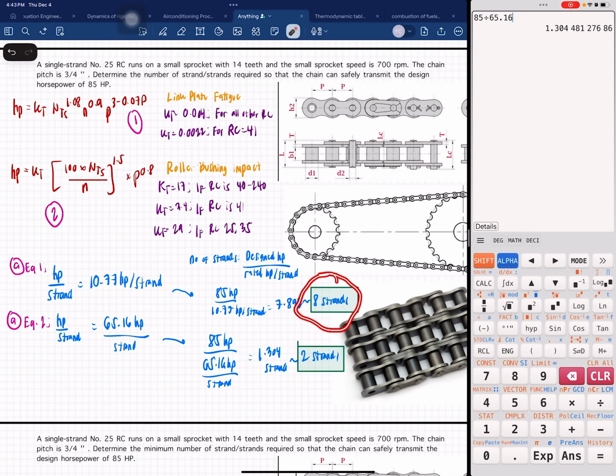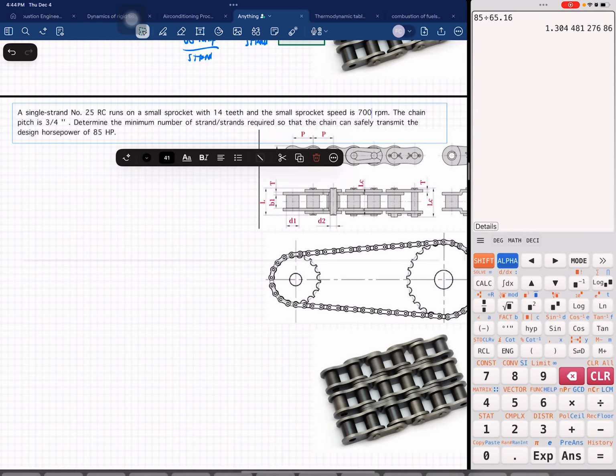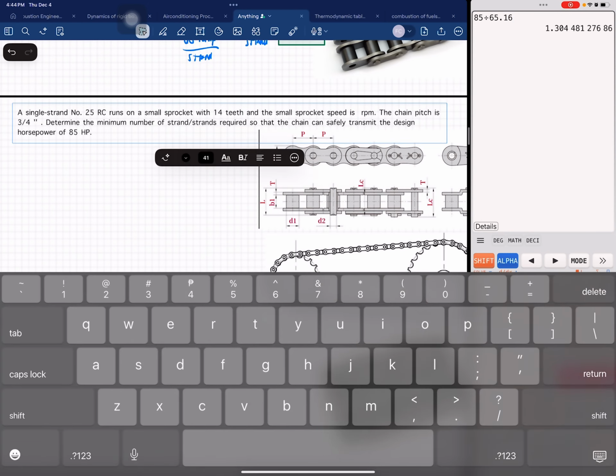Okay, so for example, on our next problem, let's change our RPM to 1800.